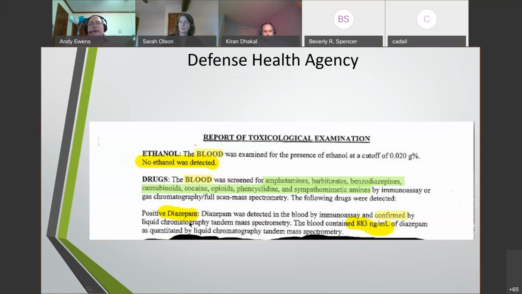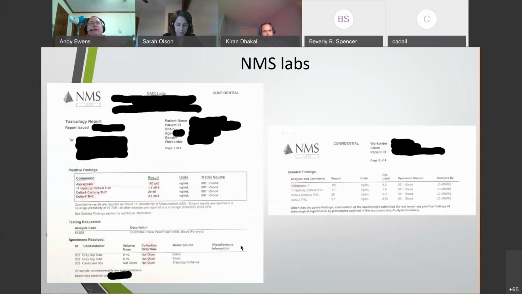They found diazepam, and it was a confirmed test, so it wasn't just the immunoassay, which is a screening test. It was also confirmed by liquid chromatography and tandem mass spec, and they report a result of 883 nanograms per mL. So some of these you really have to look into and read.